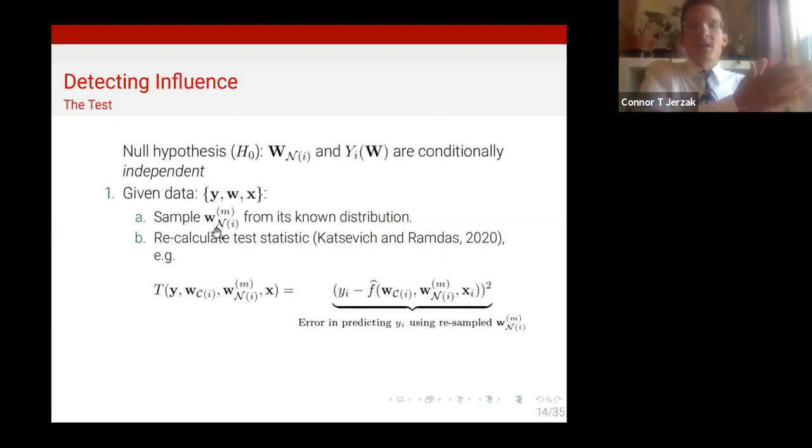The simulated treatment vector isn't going to be a permuted version of it. Instead, it's going to be redrawn from its known distribution, which allows us to analyze the distribution of the test statistic when we fix the treatment, and when we use the simulated version of it.